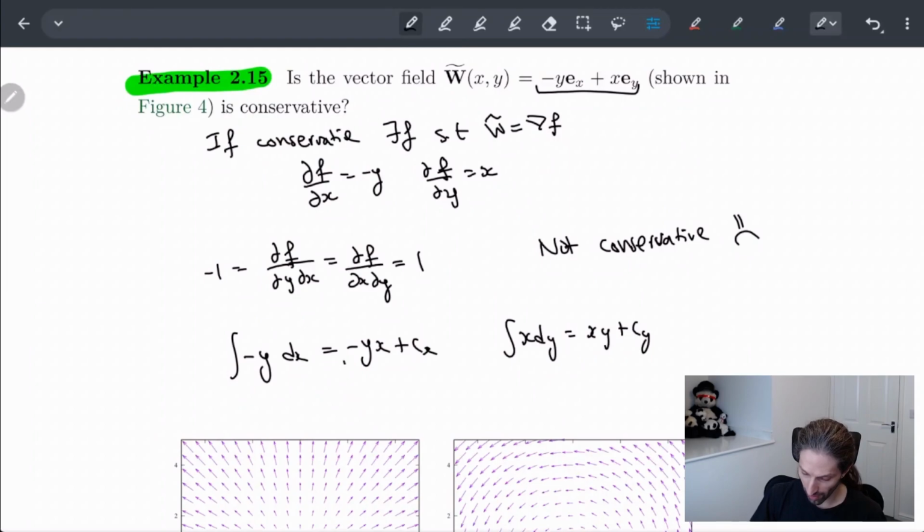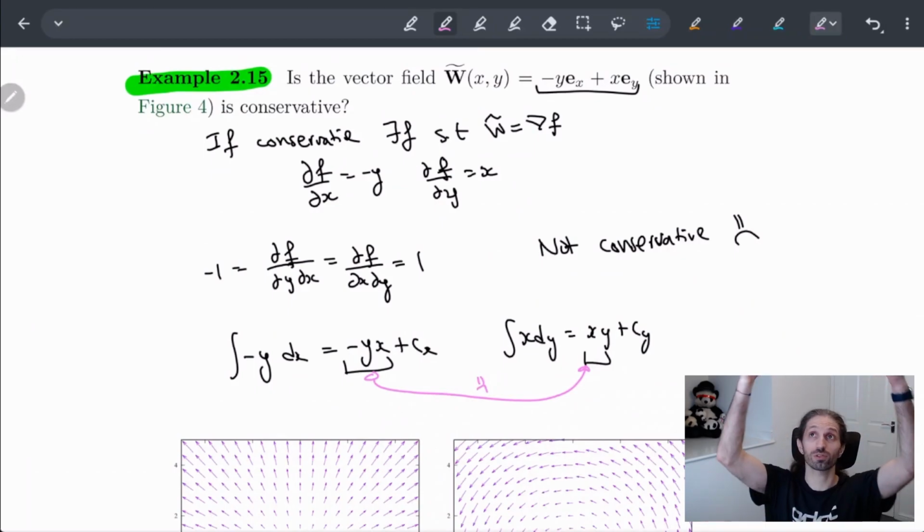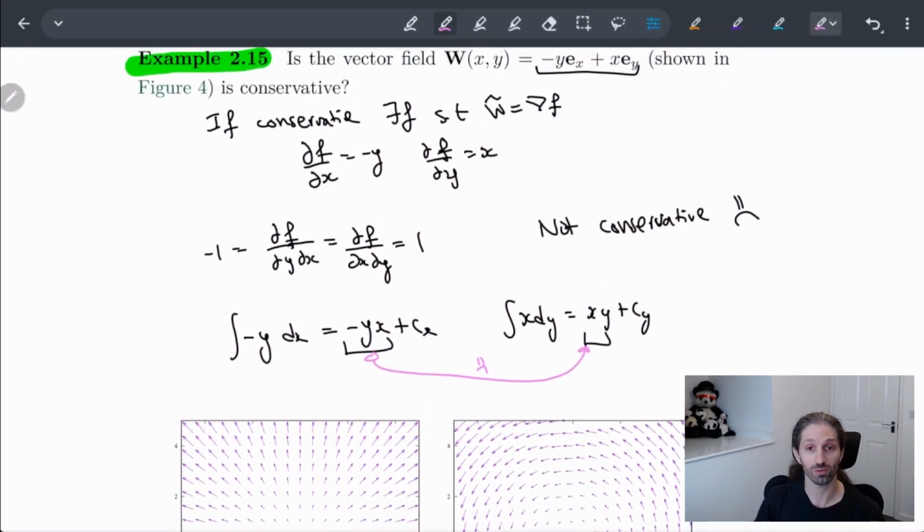But notice here I have minus yx and here I have xy, and these two are not compatible. So here we have another problem showing that it's not conservative. You can either do integrals to go up or derivatives to go down, and both of these are a way to see whether it's conservative or not.